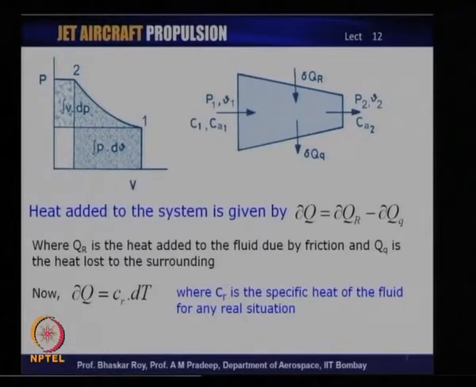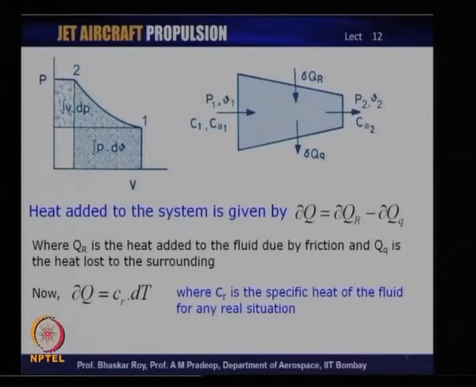As a result of this, we can write down from thermodynamics that delta Q, the net heat that is added to the system, is C r into dT, where C r is the specific heat of the particular fluid, gas or air, for this particular real situation.